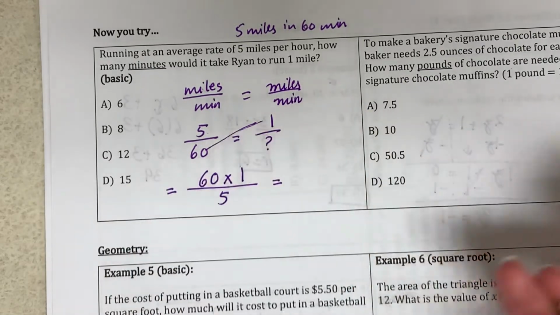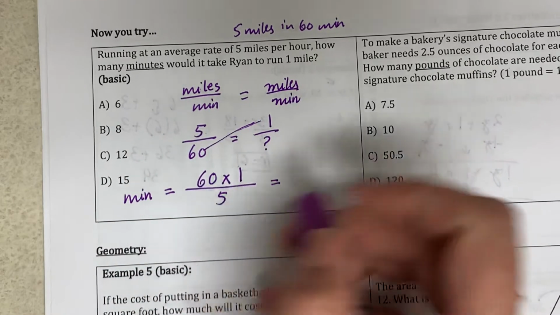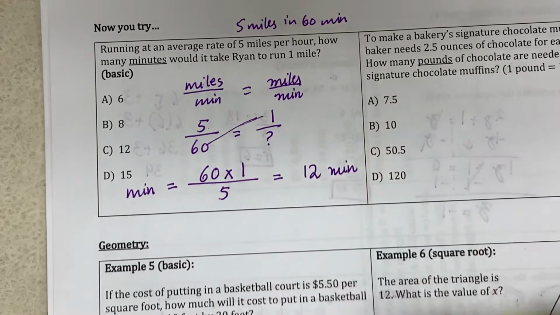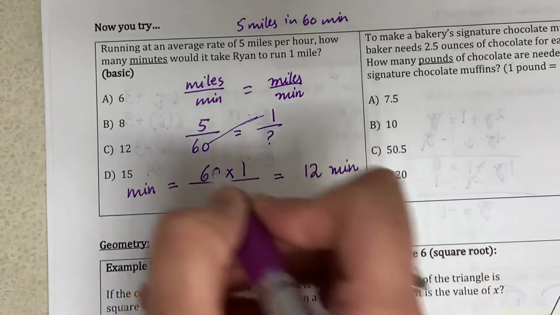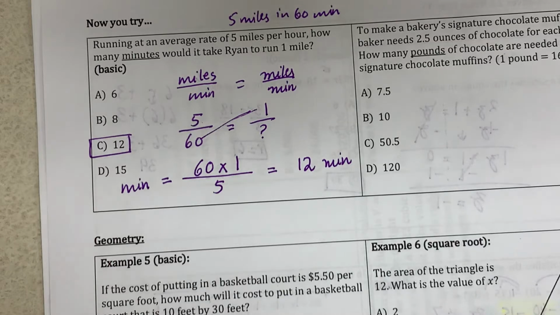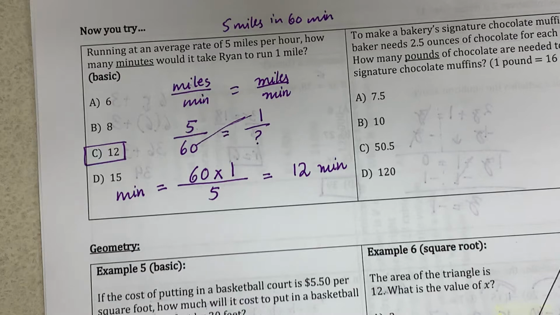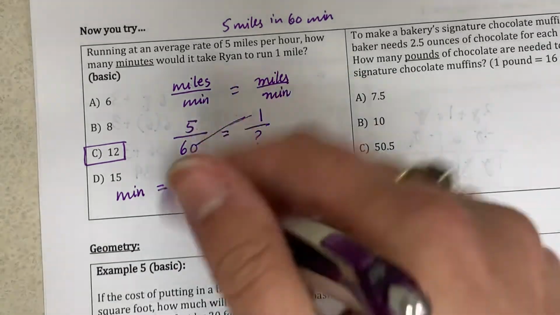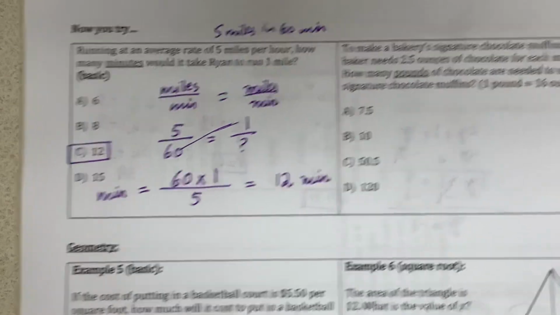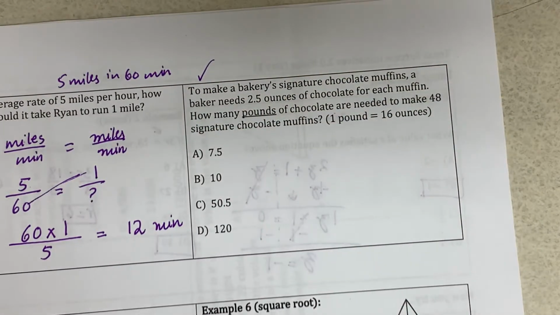And then you can just calculate using the calculator. 60 divided by 5 is what, 12? He would need 12 minutes. That's one way to do it. It's pretty easy. You are allowed a basic calculator for this one. So yeah, all of that division and multiplication is basic stuff. I'm going to leave this question for you, so try this along with the practice that you have.